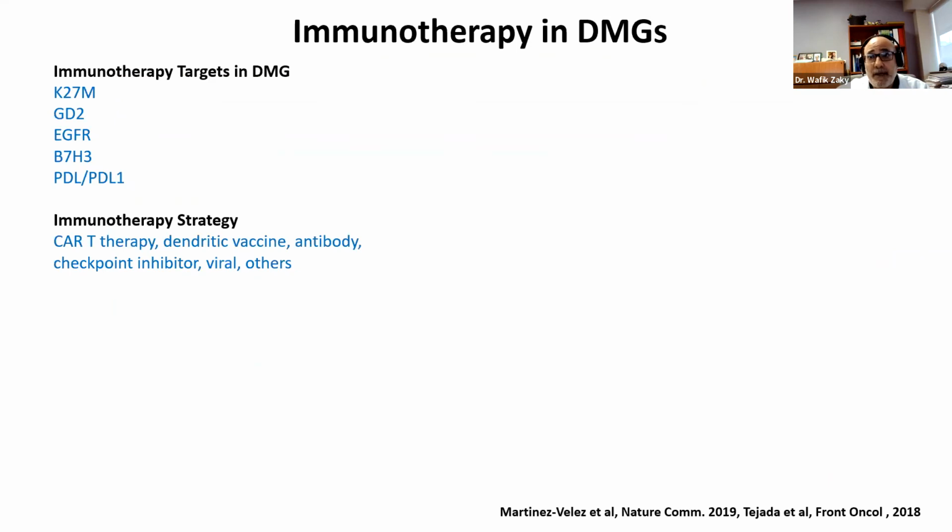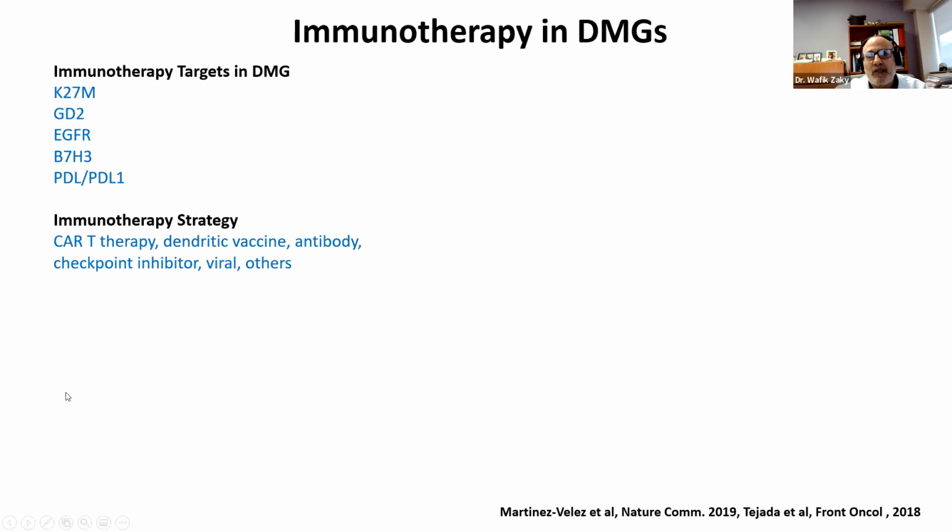Lastly is immunotherapy. Different targets have been identified in DIPG and midline gliomas, including the histone mutation itself and GD2, which is a ganglioside overexpressed in midline gliomas and other tumors like neuroblastoma. EGFR is another target that is overexpressed, and 2 of the immune checkpoints include B7-H3 and PD-L1. They are all under investigation in phase 1 trials.